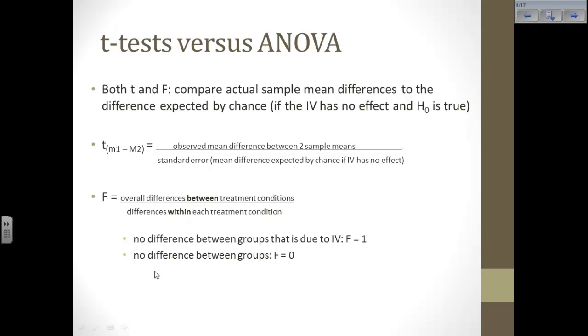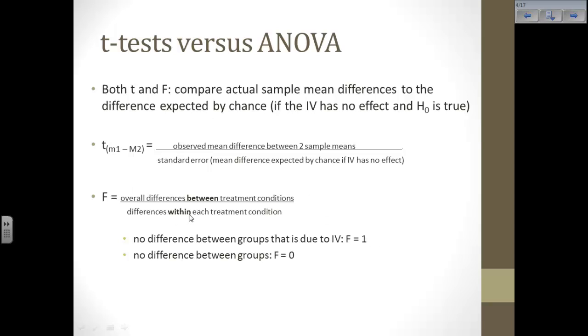Now, if you have a situation where there's no differences between groups that's due to the independent variable, then your F is going to be 1, because the differences between treatment conditions are the overall differences because of the variability due to the independent variable and the variability due to just random differences.